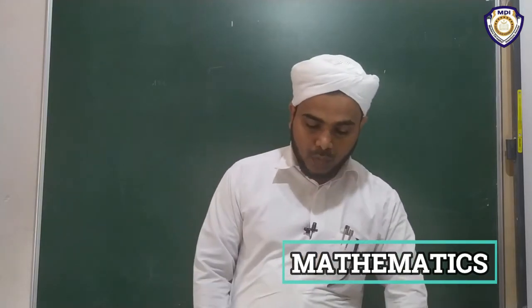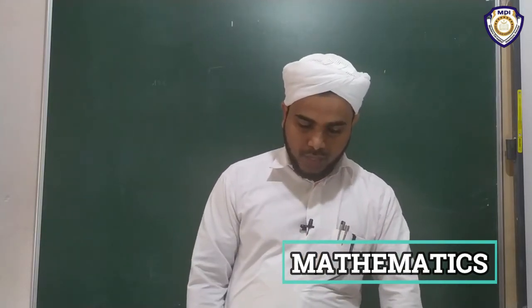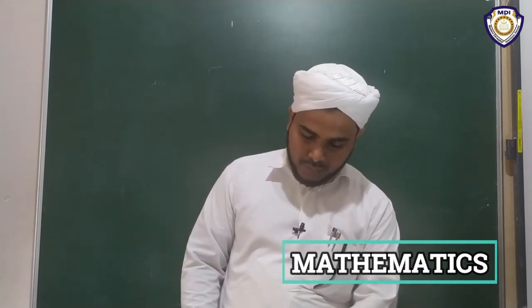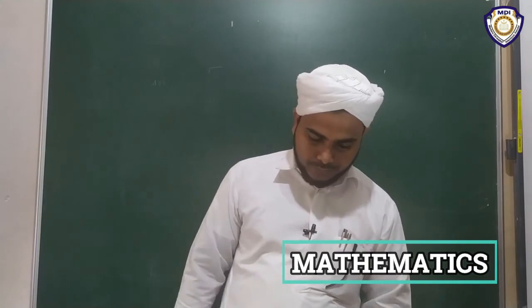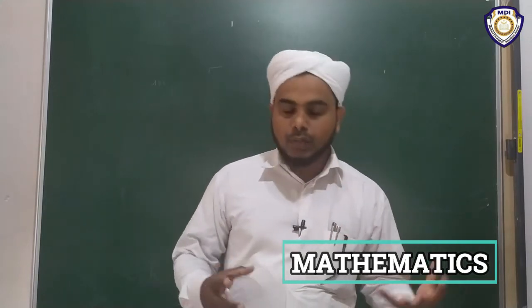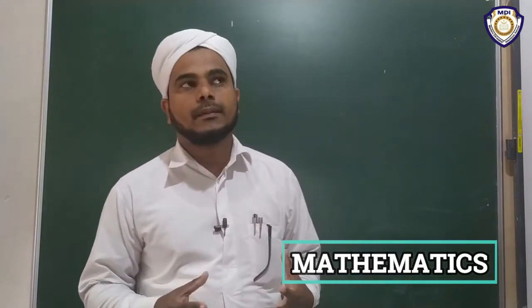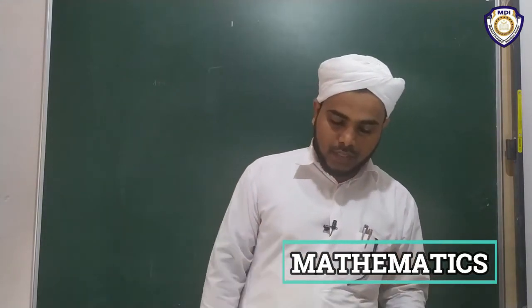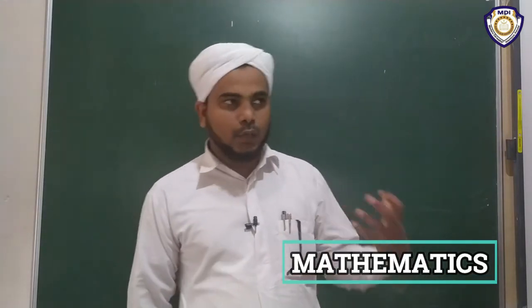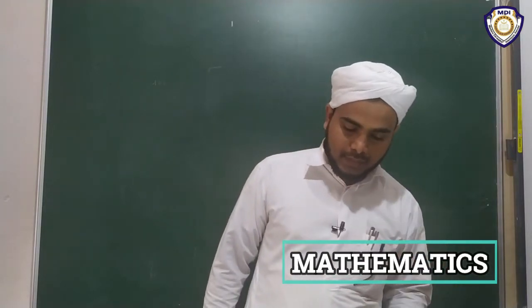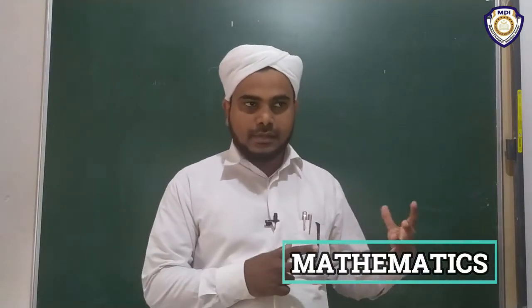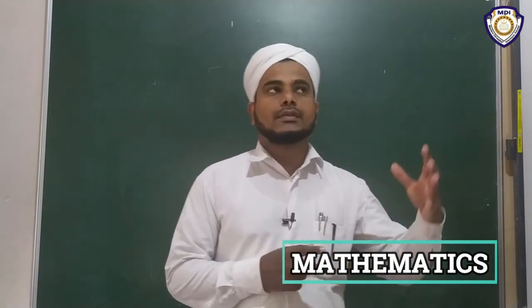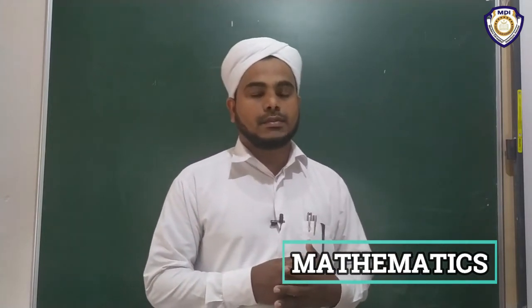And the expression of this variable. Different types of expressions. 8 more than x means 8 plus x, or x plus 8. 3 less than y means y minus 3. 5 times a means 5 into a. We have studied these types of expressions.